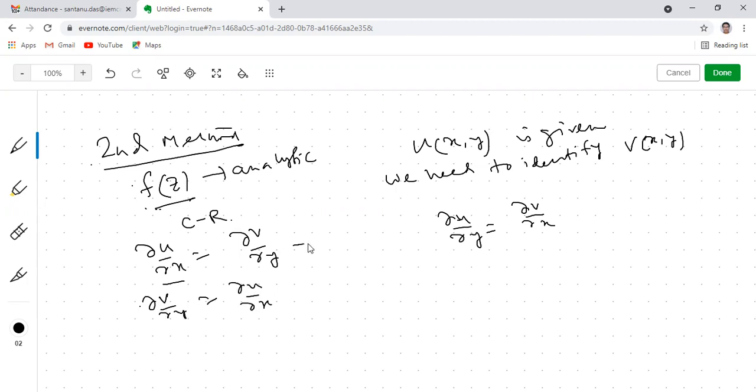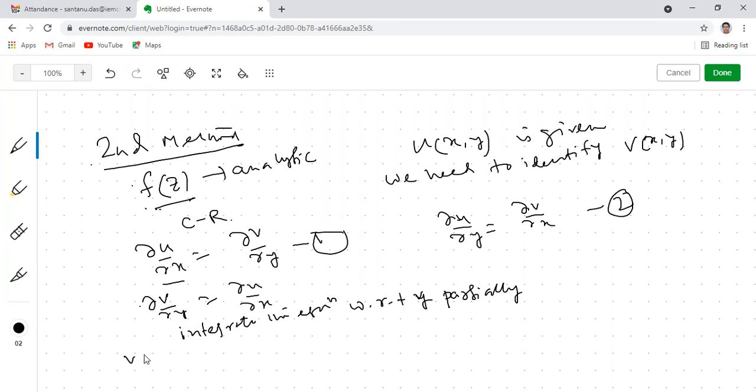So first we'll be using this first equation of the Cauchy-Riemann equation. Then we'll be using the second. So now if you integrate this equation directly, partially with respect to y, because here you need to identify v, so we will integrate the equation with respect to y partially.